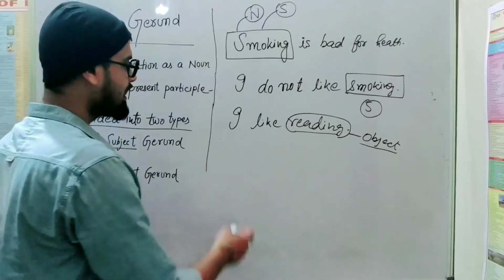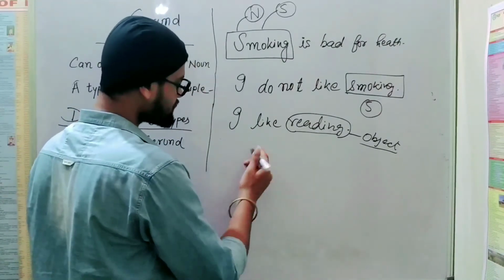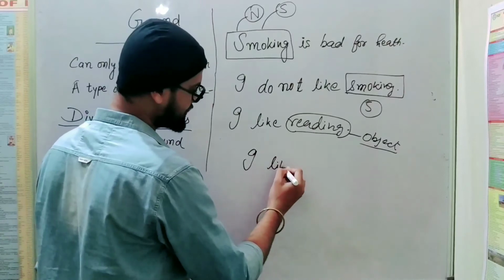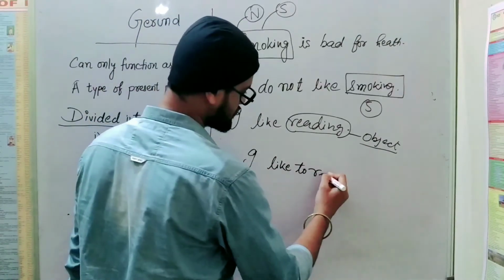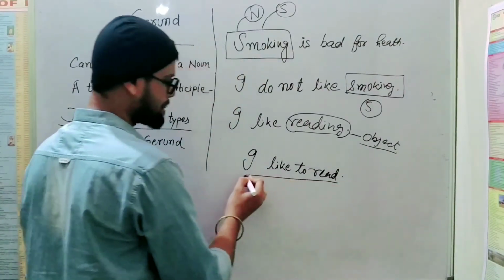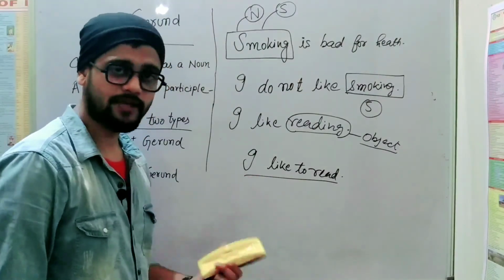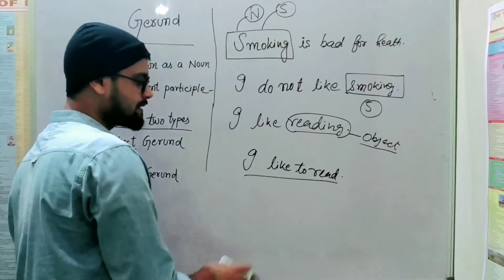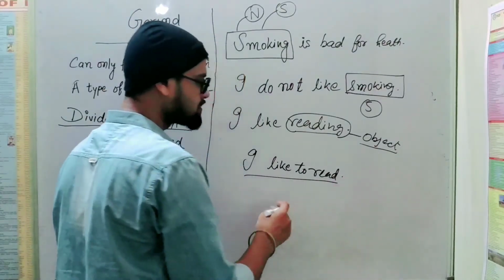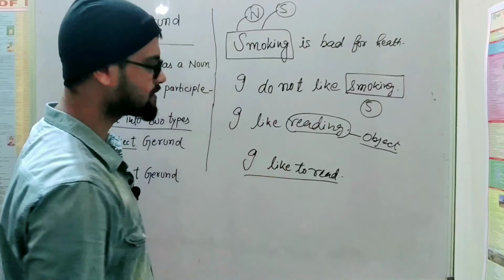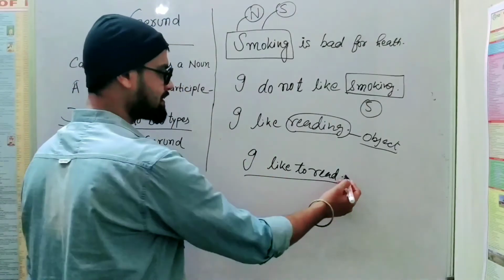All right. Now if I write I like to read, is this sentence correct or incorrect? I would say this sentence is grammatically, although in spoken English you can use this sentence, no problem, but grammatically this is incorrect.